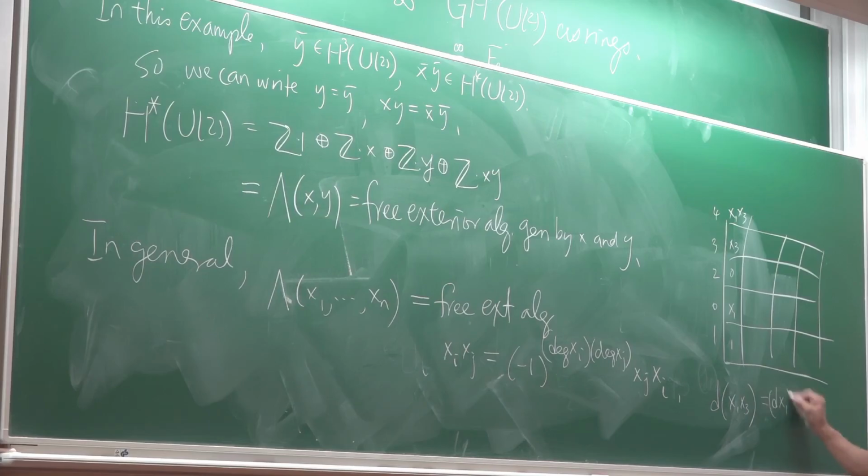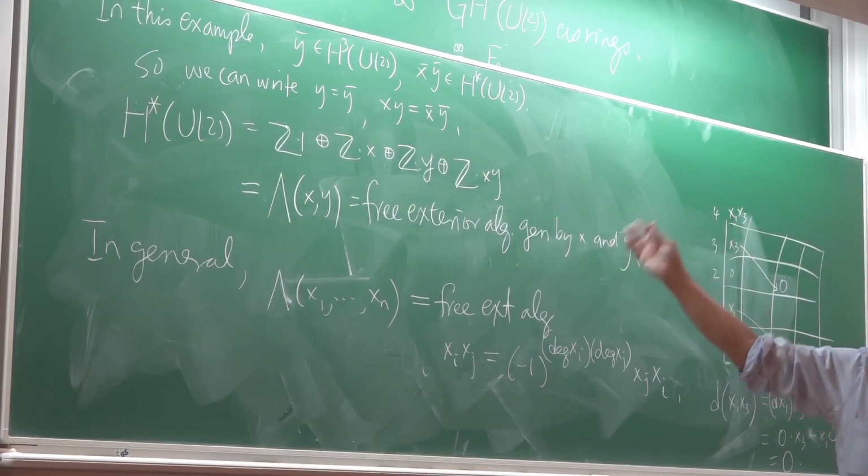So this is dx1 times x3 plus or minus x1 times dx3. If you know that x1 goes to 0 and x3 goes to 0, then this will go to 0. So it's going to be actually quite easy. I think all the differentials are 0 for Un, and then you figure out the product structure the way I did this.